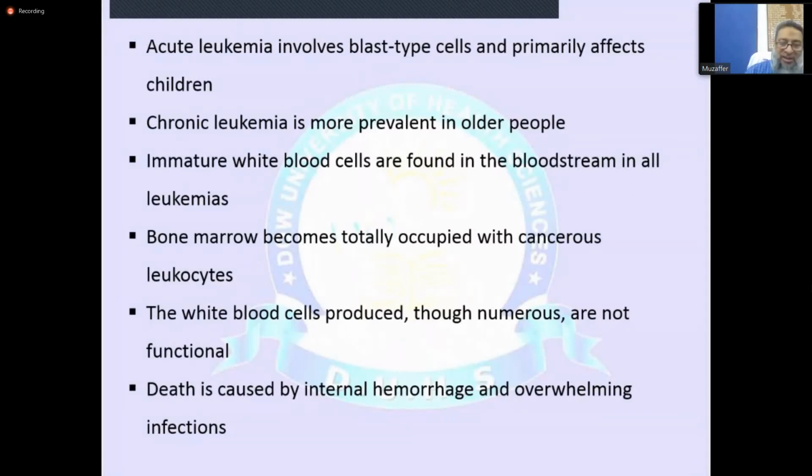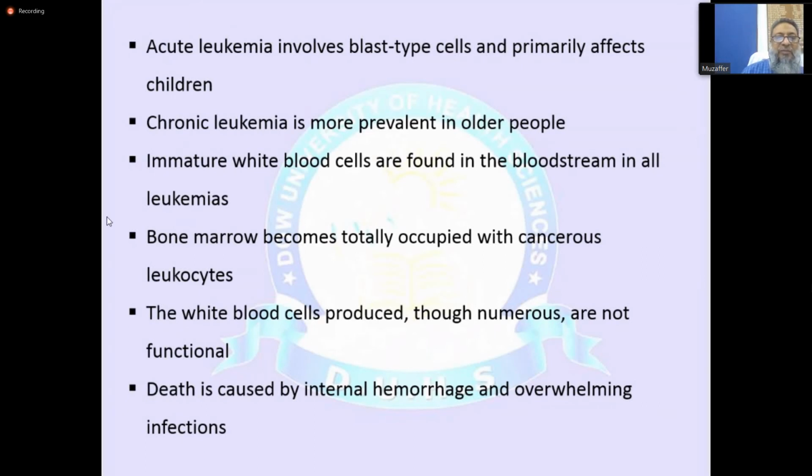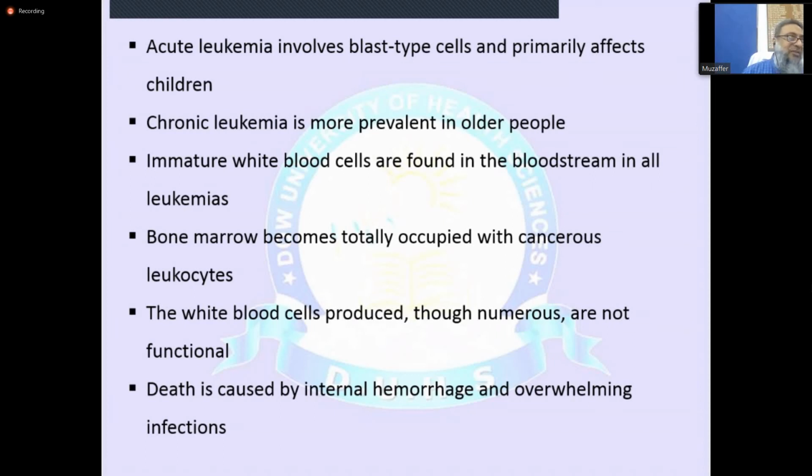So all the organisms invade, and the body cannot fight against the invading microorganisms. This is a very distressing condition, and such patients need a change of bone marrow, and we do bone marrow transplantation for the production of new cells.